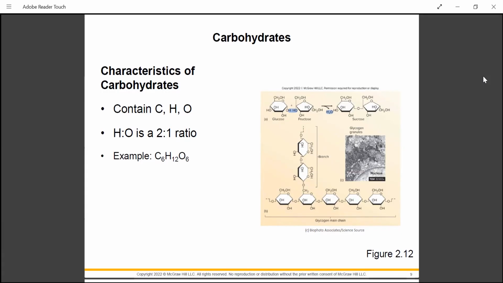Not always in organic molecules, but specifically referring to carbohydrates. So the example they show here is glucose. C6, 6 carbons, H12, we have 12 hydrogens. So that means we're going to have 6 oxygens. So twice as many hydrogens as we have oxygens.